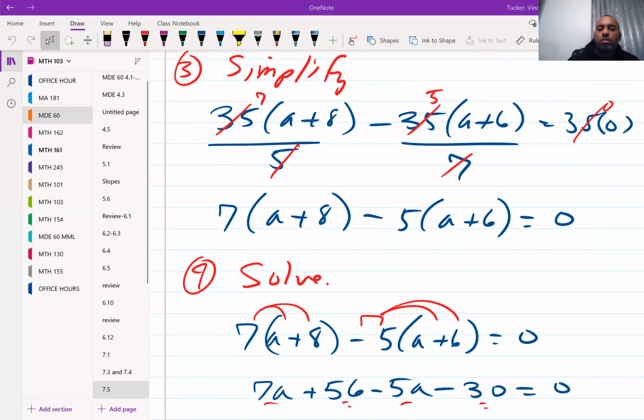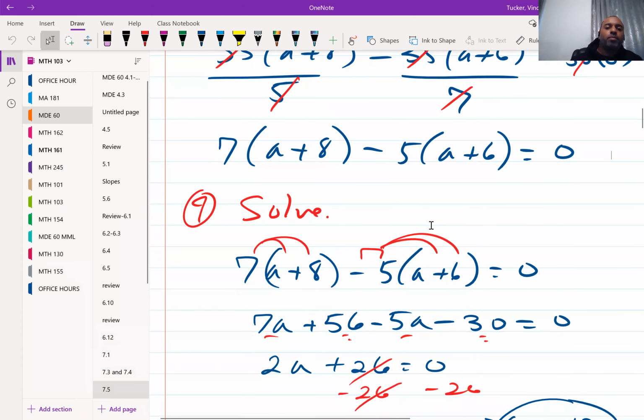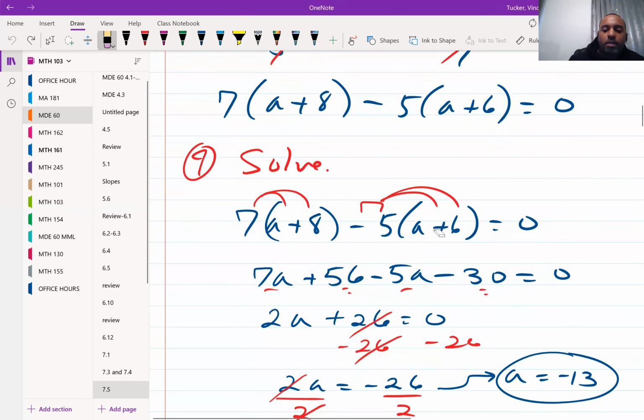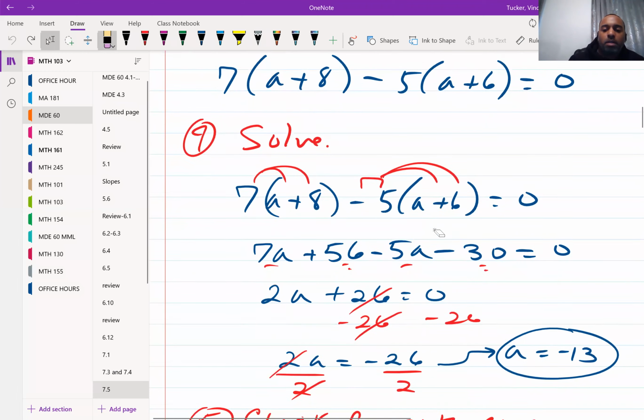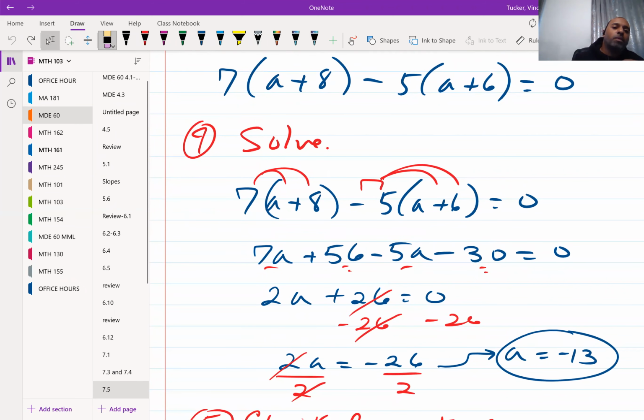All right. Combine your like terms. So 7a minus 5a is 2a. 56 minus 30 is 26. Subtract 26 from both sides. And then we divide both sides by 2. A is equal to negative 13.